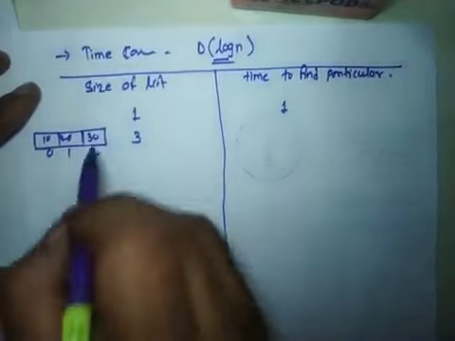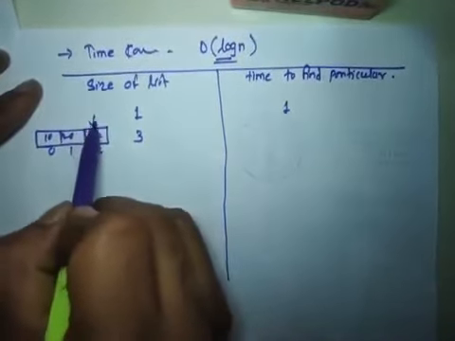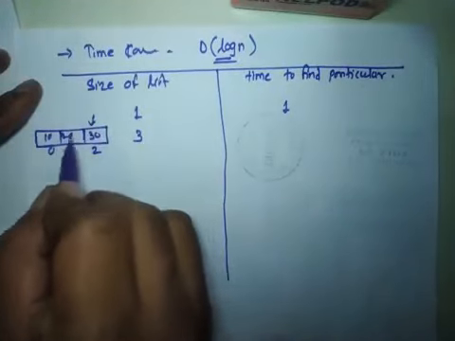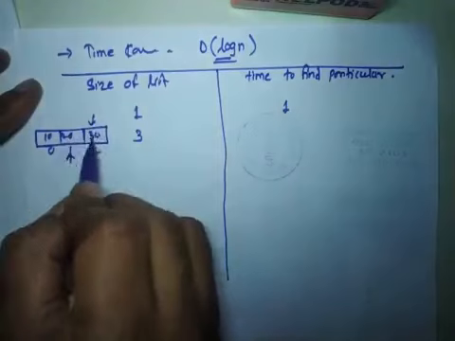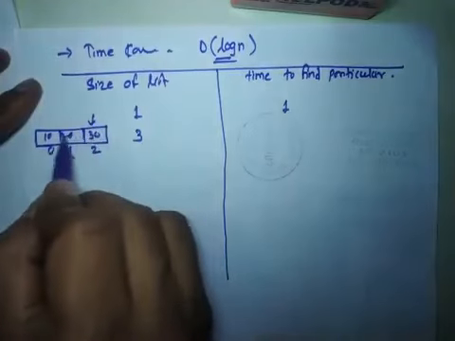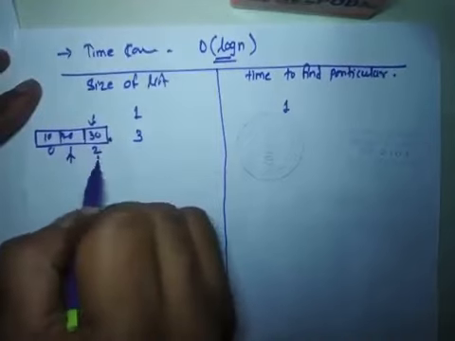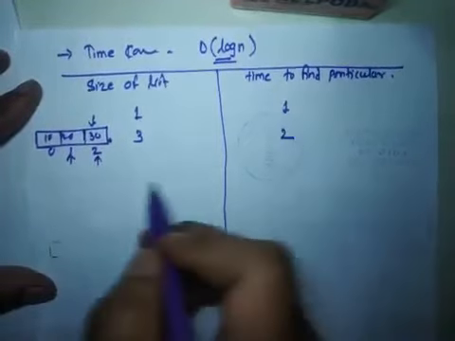Suppose I want to find this element, so how many iterations are required? First it will find this mid, then we know that the key element we are searching is greater than 20, so it will search in this half. It requires 2 iterations.